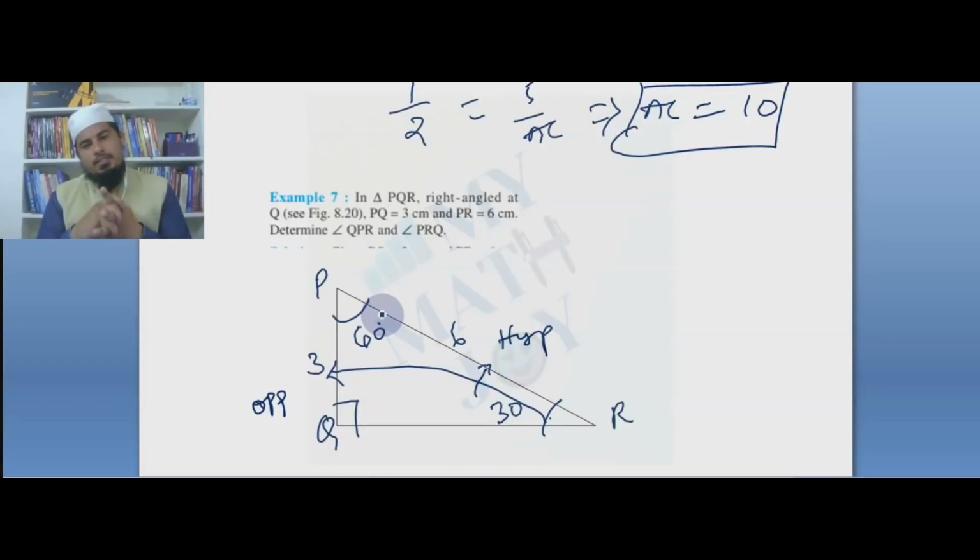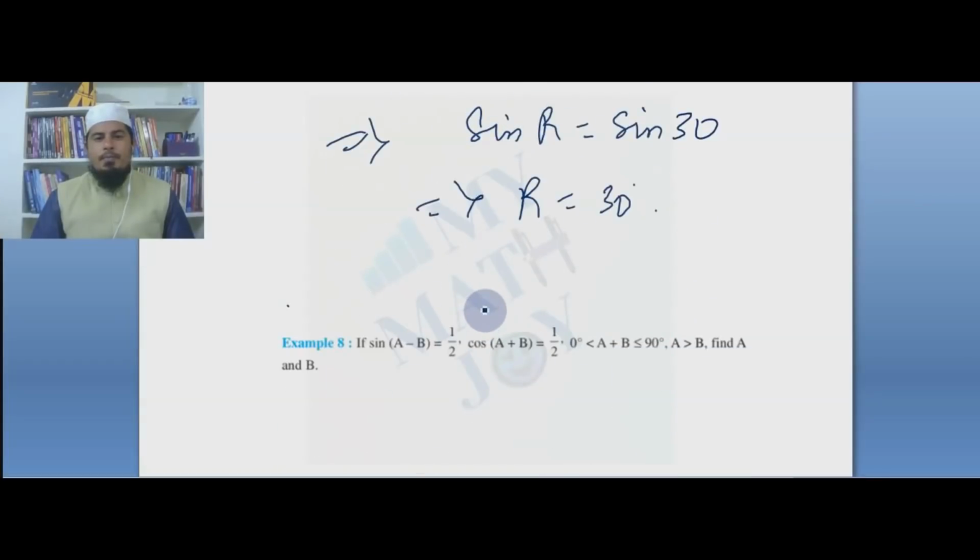So 60 plus 30. If one is 15, the other should become 75. If one is 45, the other is also 45, because the angle sum property tells that if I add all the angles, it should be 180. So one of the problems we have seen, and this is the actual practice question.